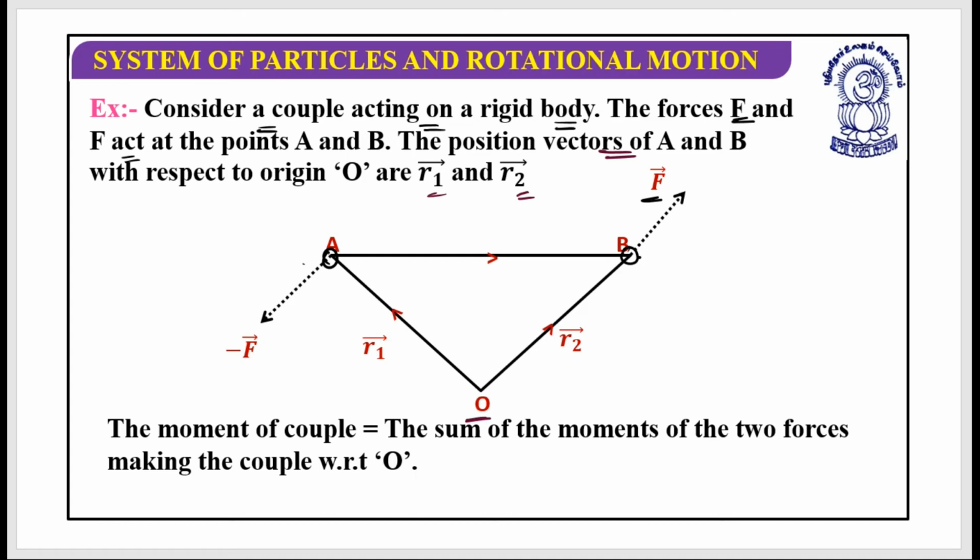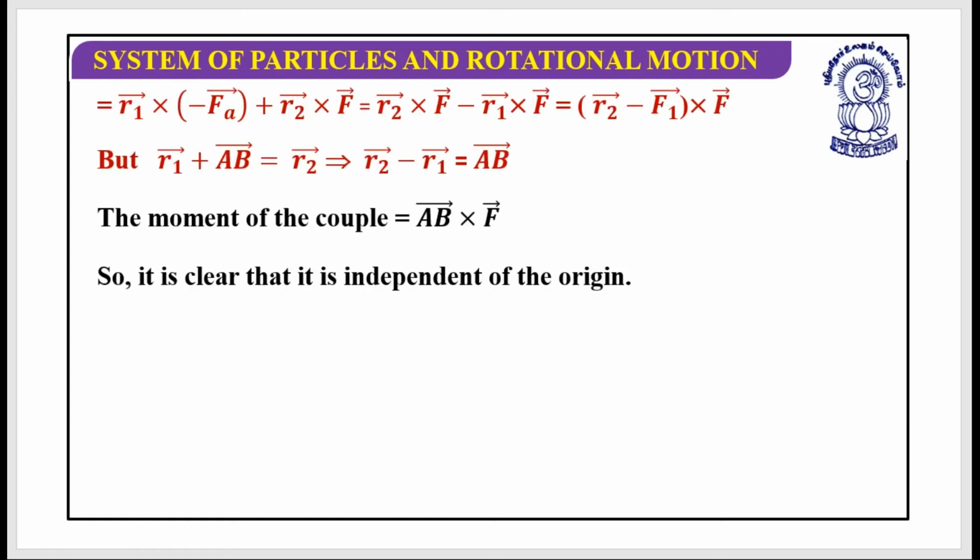When we need to find the moment of couple, I need to take the sum of the moments of the two forces making the couple. So this is R1, this is F, and it could be written as R1 cross minus F plus R2 cross F.